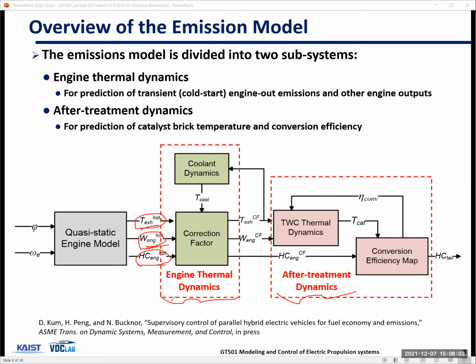So this engine thermodynamics does that part. The engine thermodynamic model computes the engine temperature, and then computes a correction factor that corrects the hot temperature into cold temperature and the hot flow rate to the cold flow rate, and so forth. Okay.